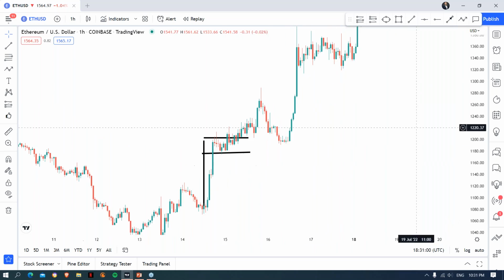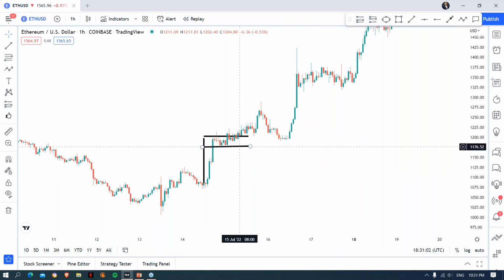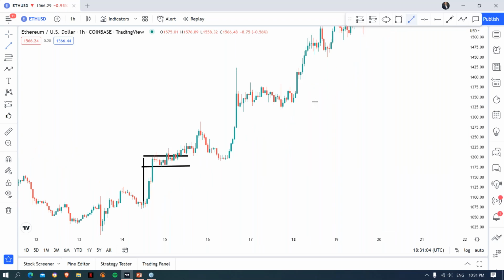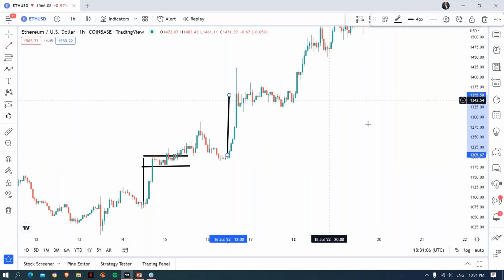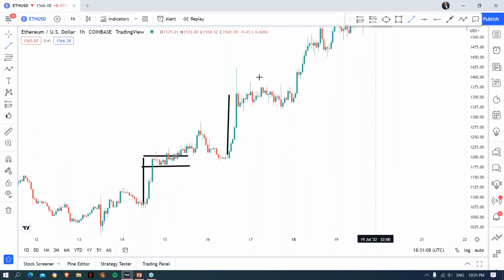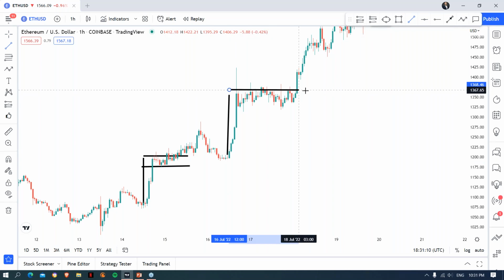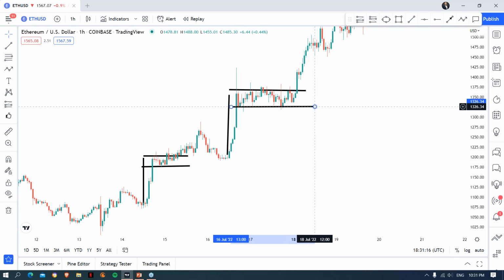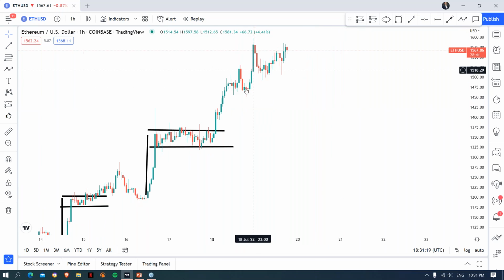Notice how many flags there are one after another. Look, notice one. Look at the other one here. This one is way more accurate, from here to here, from here to here. Notice there's no wedging. And notice how the market continued going up. This is just happening, this is the 17th of July.